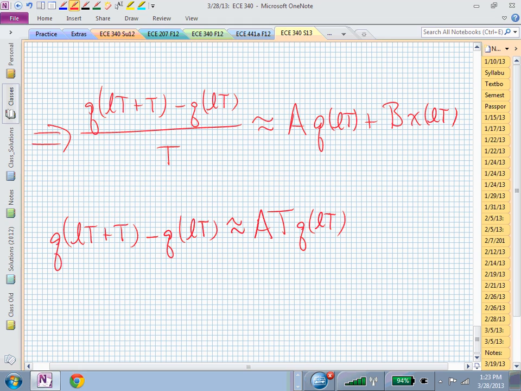It could have been TA. Doesn't matter. If it was matrices, matrices don't naturally commute. You can't say AB is equal to BA. But capital T is a scalar, that's okay. And I'm going to then put here a BT x of LT.